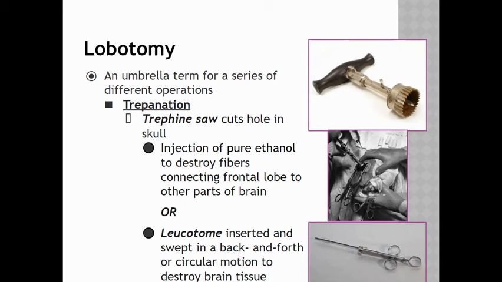Or instead of injecting the ethanol, a leucotome is inserted into the hole that the saw created, and it's swept back and forth in a circular motion, and it basically destroys that brain tissue.